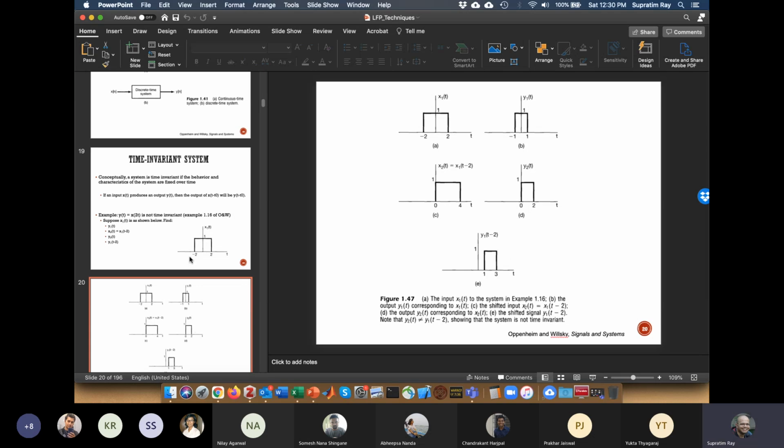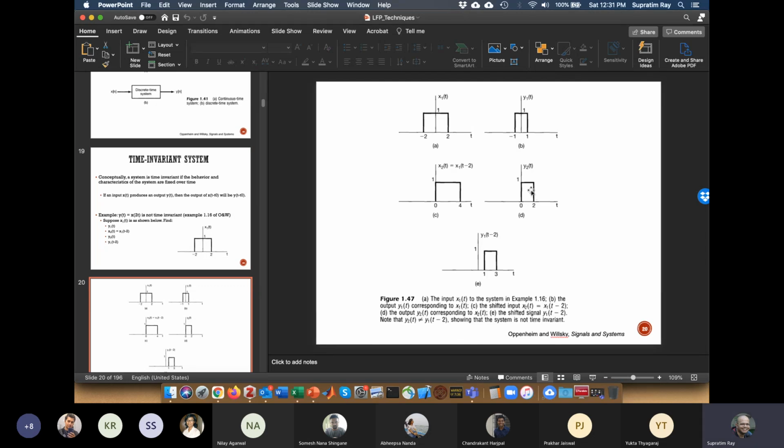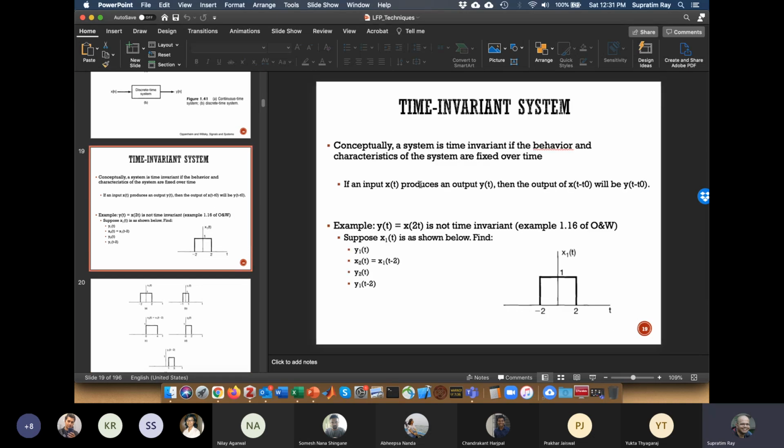Which means if I shift the signal and look at the output of that, it is not the shifted version of the original output. The shifted version of the original signal is this, and this is the output of the shifted version of the input. Okay, so this property doesn't hold.